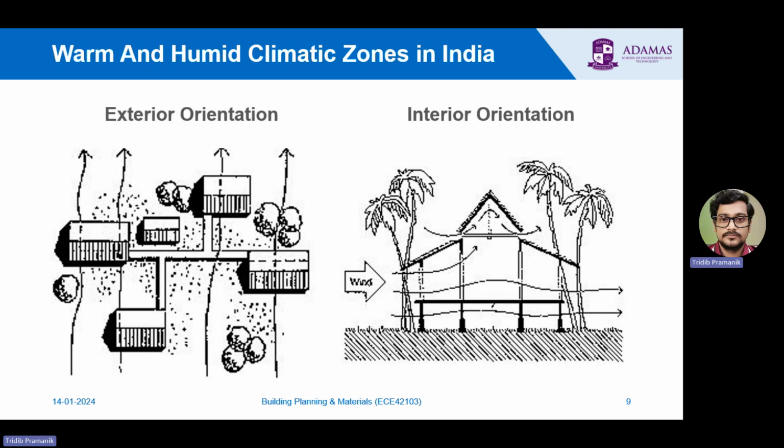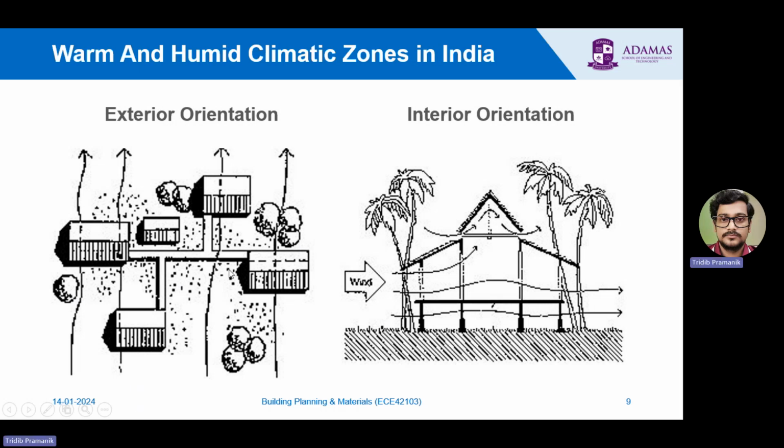In summer season, beside any coastal area or beside any river, we will get to see this type of weather condition. Now, where we have warm and humid climate condition, obviously along with a single building, we have to look at the group of buildings. Now, in the first image here you see wind is flowing in south to northern direction.